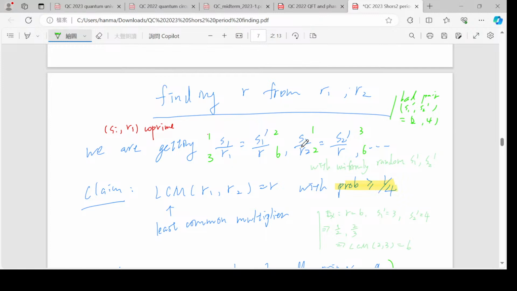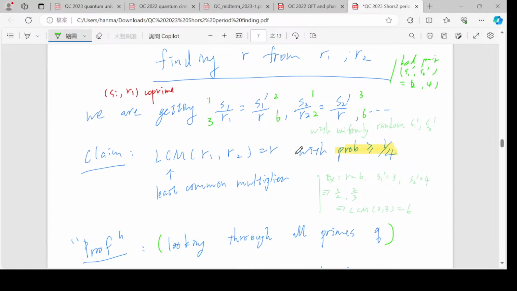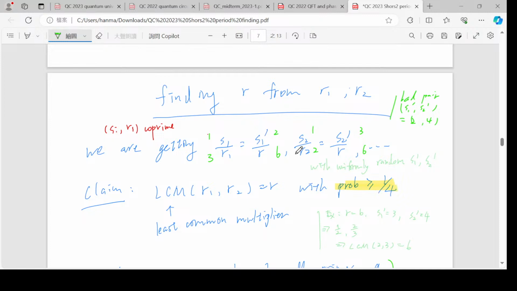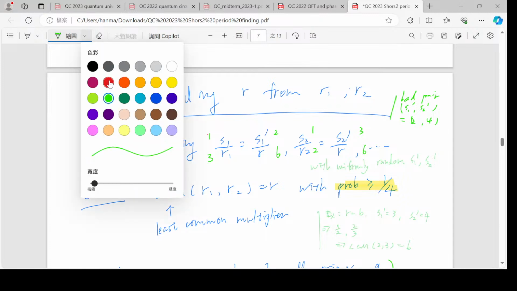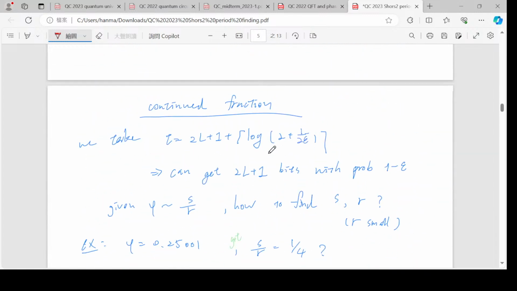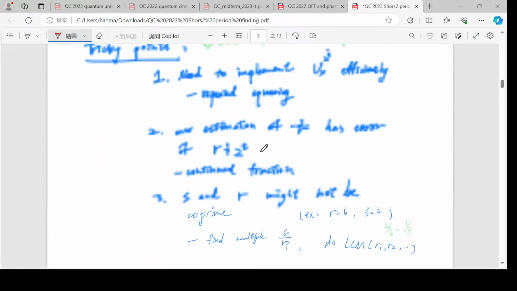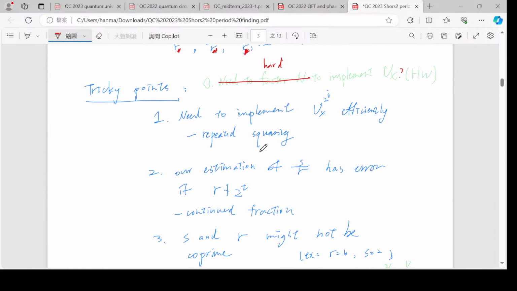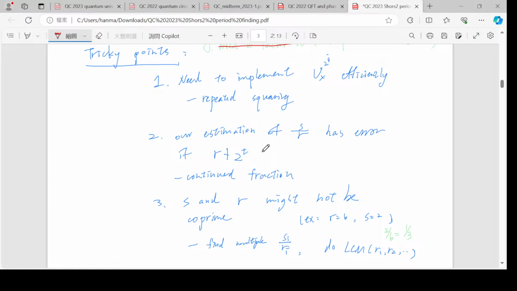So we have a good time to do a recap here. Okay, so those are how we deal with the 3 issues in order finding. We have 3 tricky points. First, we need to implement all the U^x to some exponential power very fast, and we do that by repeated squaring.